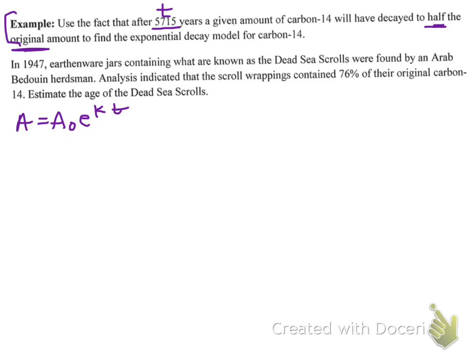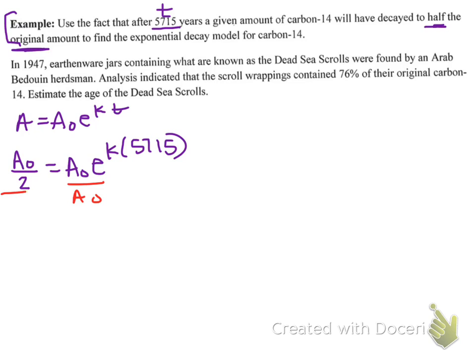So the A I'm going to replace with what the original amount was, cut in half. Okay, so notice they don't give us the amount exactly, but they do give us this fact that it's cut in half. So I'm going to divide both sides by this A naught.